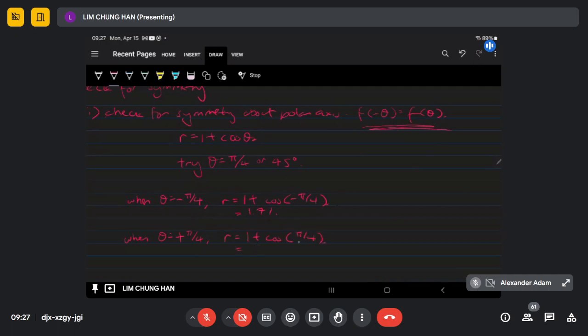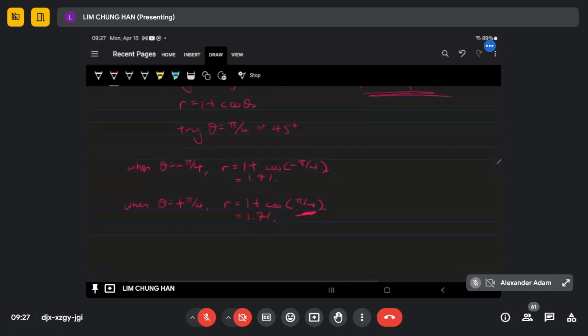When theta is positive pi over 4, what is r? Now I put positive in there. What is the answer? Also 1.71, right? So you can see when theta is negative, you get the same answer as when theta is positive.